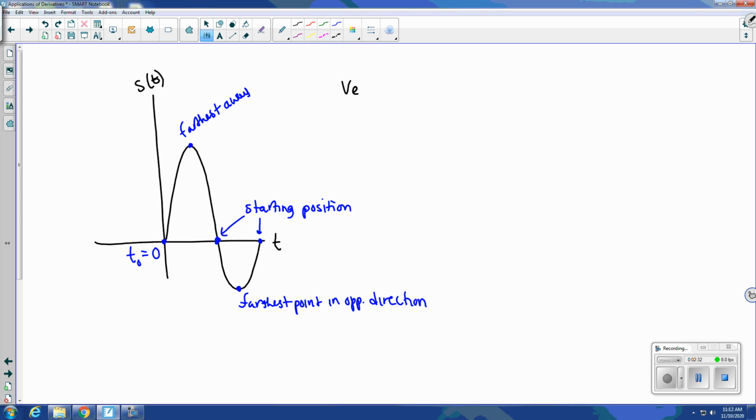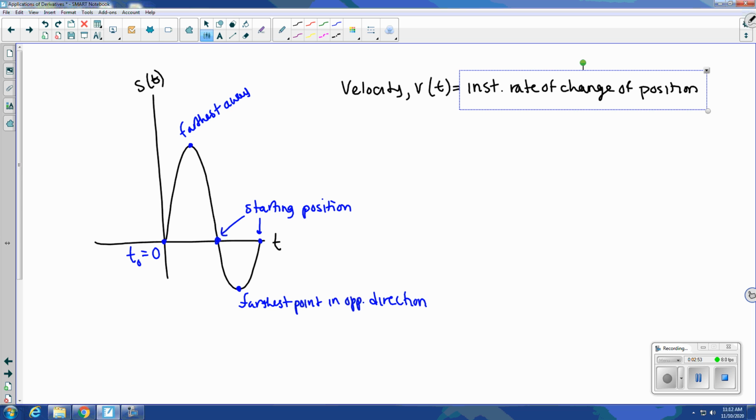So velocity, we'll call v of t, is going to give us the instantaneous rate of change of our position. Instantaneous rate of change, we have learned, is synonymous with a derivative. So we know velocity is equal to the derivative of our position.